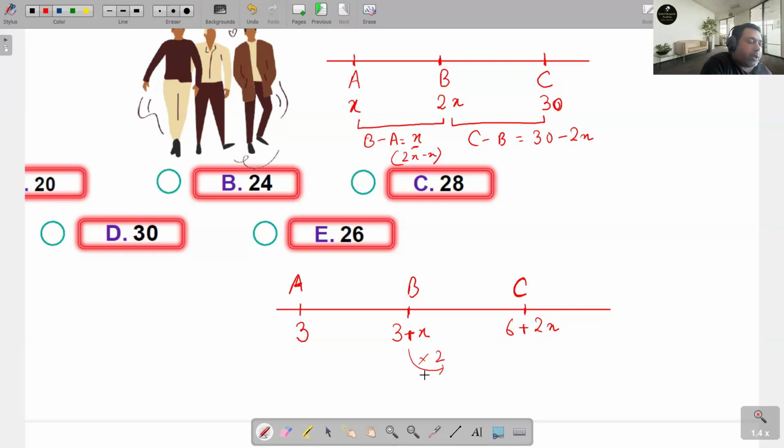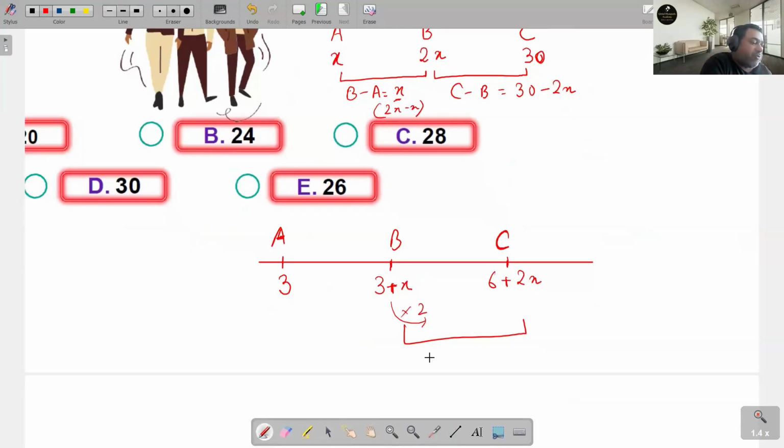Correct? All right. Now, what is the gap here? The gap will be the difference of their ages, which means if I take 6 plus 2x and subtract 3 plus x, what will I get? I'll get 6 minus 3, which is 3, and 2x minus x, which gives me x, so 3 plus x. So the difference of their ages is 6 plus 2x minus (3 plus x), which is 3 plus x.